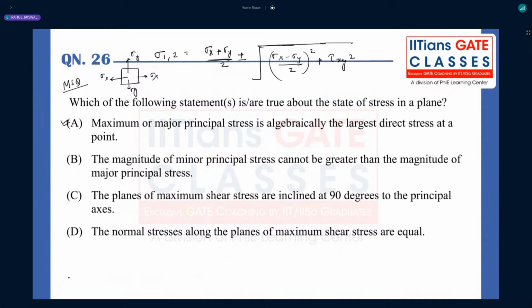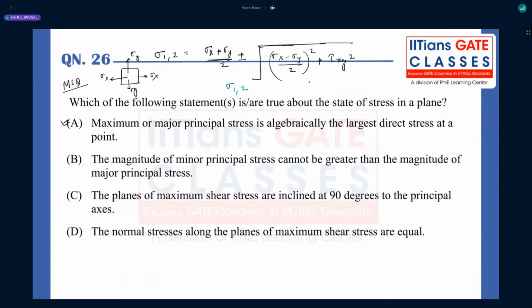Now if you observe carefully, we will be finding two values here, sigma 1 and 2.